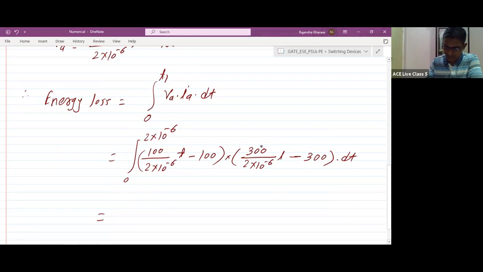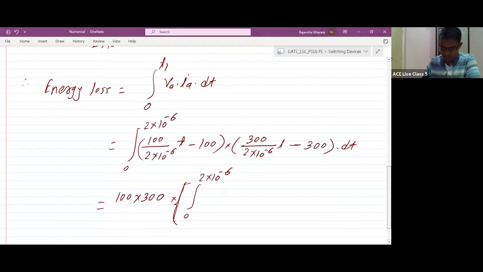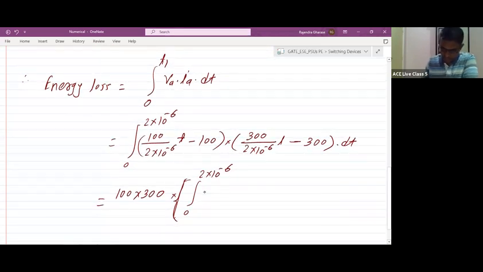From the first bracket take 100 outside, from the second bracket take 300 outside. So it is 100 into 300, and in the bracket we get the integration from 0 to 2 into 10 to the power minus 6, let me use curly brackets, of t upon 2 into 10 to the power minus 6 minus 1.